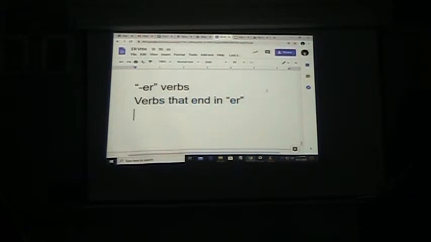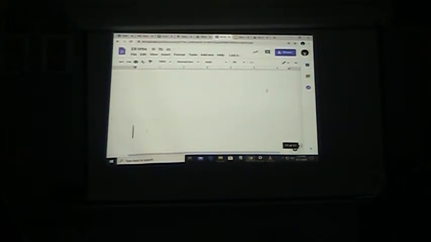One of the major verbs in French, which people have been studying since the beginning of French foreign language study, about 2 billion years ago, is the verb parler.